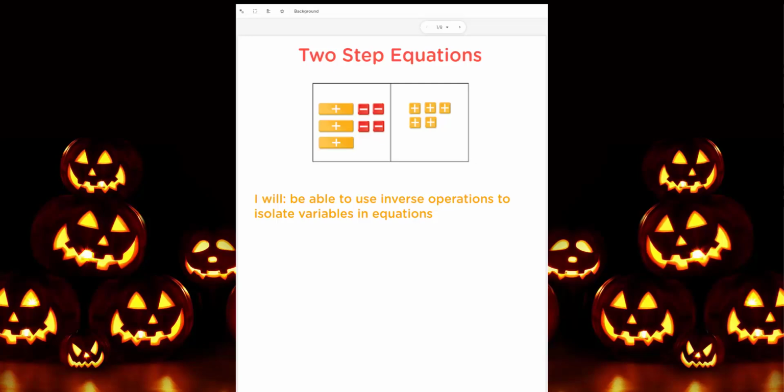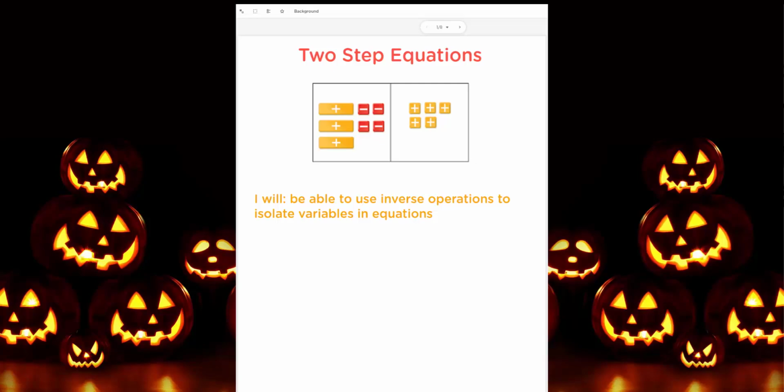It is time for us to transition from expressions over to equations. More specifically, we're going to talk about how to use inverse operations to isolate variables in equations.